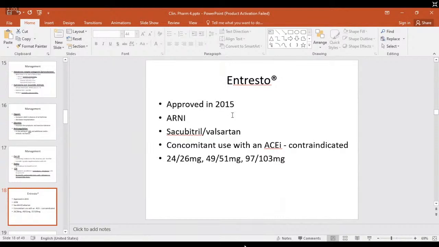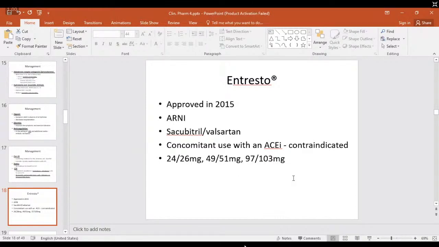So this is the first drug of this class to be approved. It was approved in 2015, and because it includes an ARB, its concomitant use with an ACE inhibitor is contraindicated, as you can guess. It has 3 doses taken twice daily, so 24 to 26 milligrams, 49 to 51 milligrams, 97 to 103 milligrams.